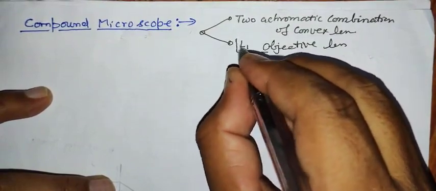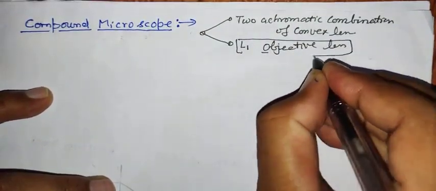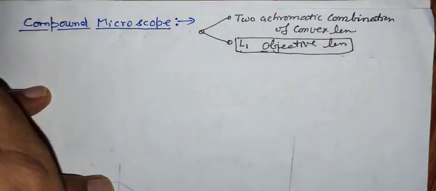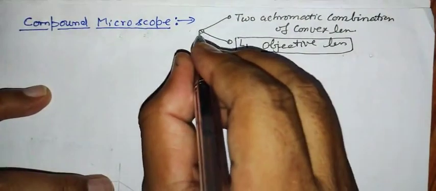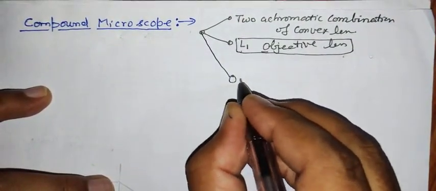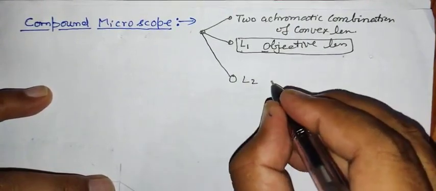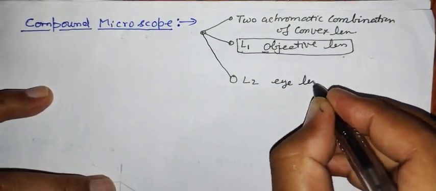When we compare both lenses, the objective lens and the second lens called the eye lens, L2, eye lens.